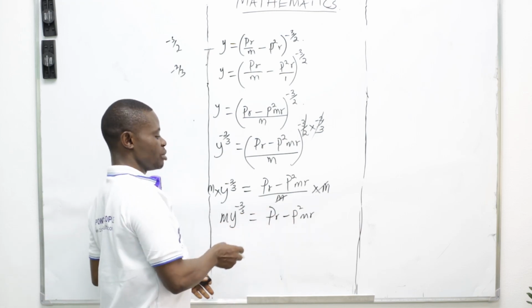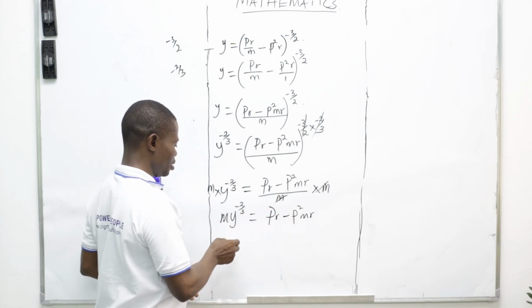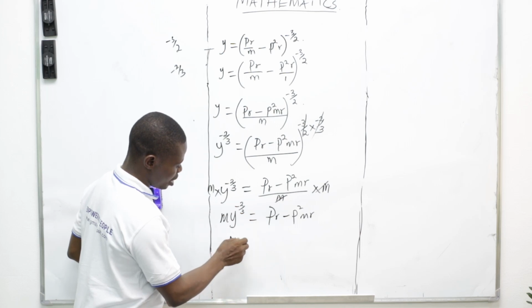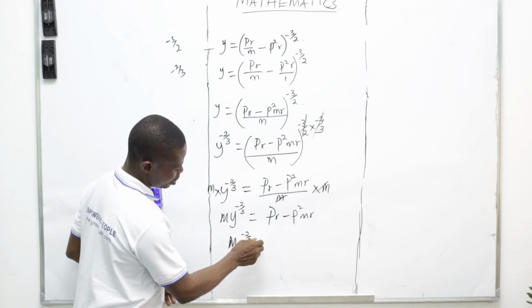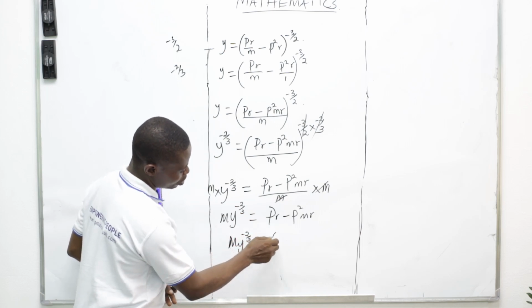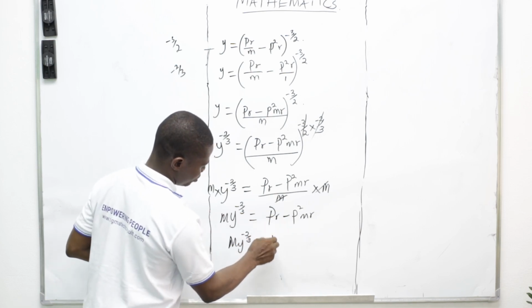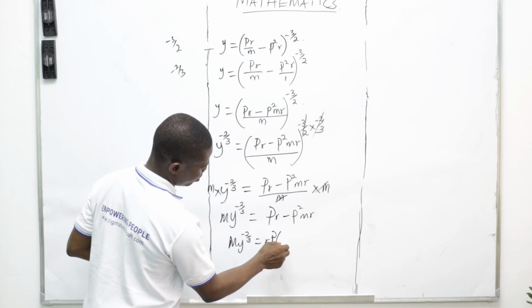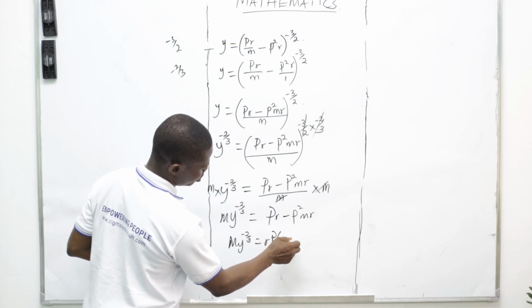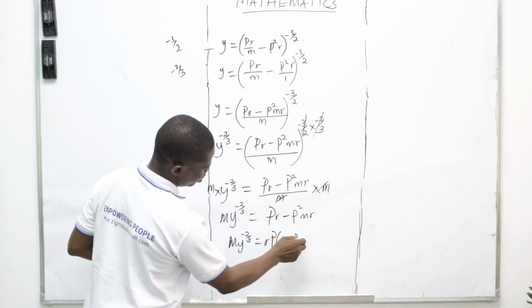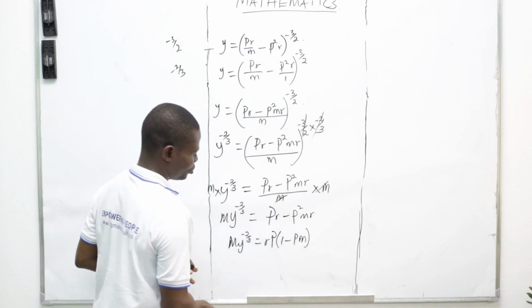Our target is to make r subject of the formula, meaning m y raised to the power minus 2 over 3 equals r in common. What is common here is rp into 1 minus pm.